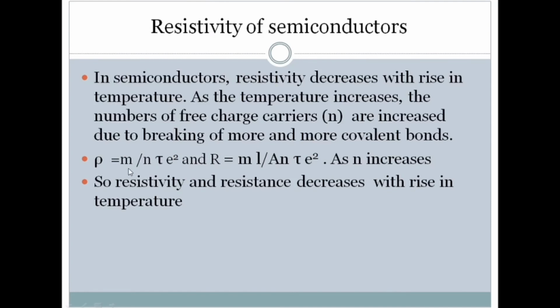Rho is equal to m upon n e squared τ. So n is in the denominator, so with the increase in n, resistivity will decrease. Same is the case for resistance also. So as n increases, resistance and resistivity both decrease. So resistivity and resistance decrease with the rise in temperature.